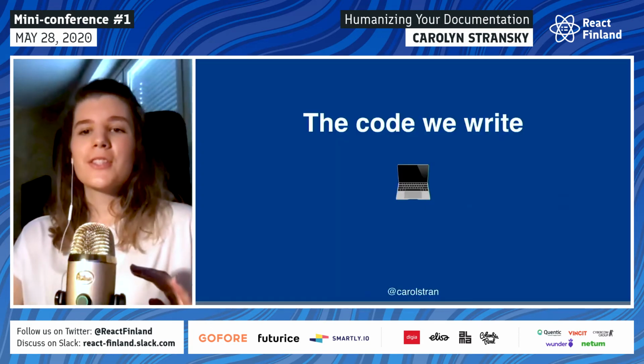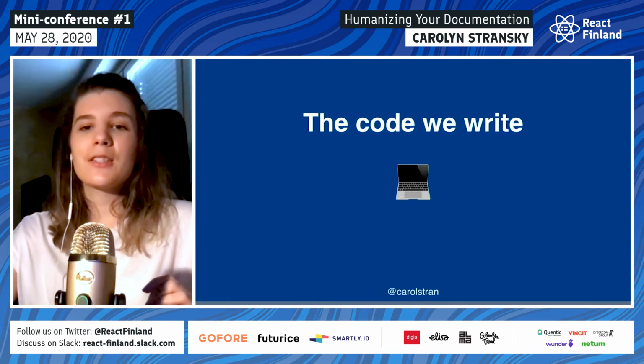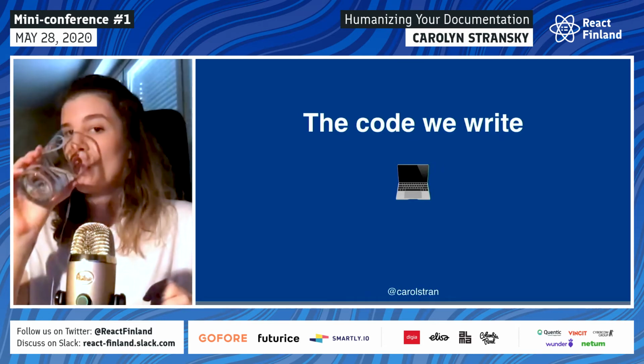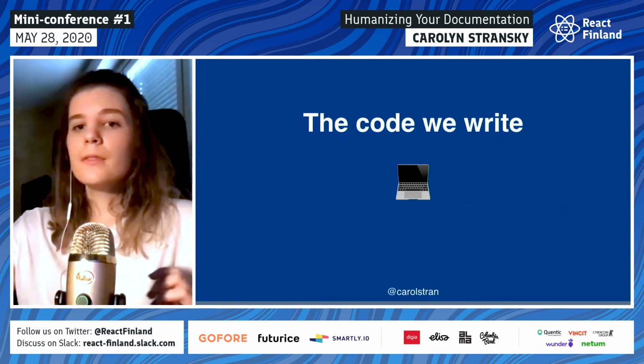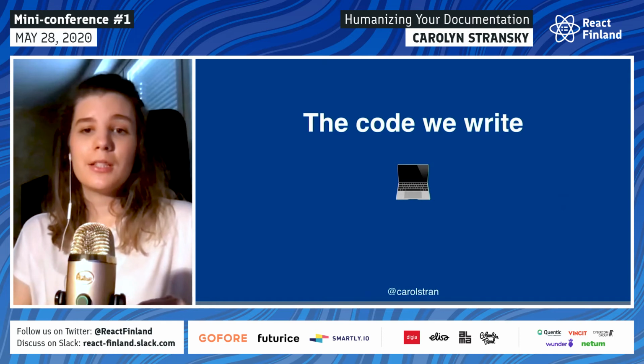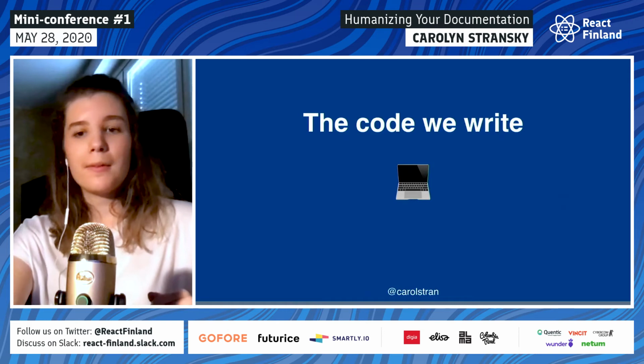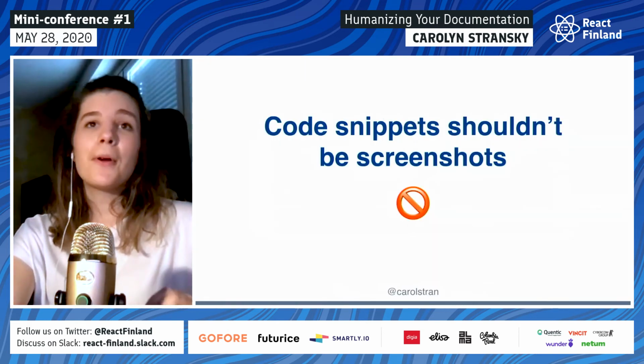Next, I want to touch on something that is almost equally as prevalent in documentation as words, and that's code. Code snippets are understandably very common in documentation, so we should give them just as much care as the text that we write. I'll start by pointing out that code snippets should never be screenshots.